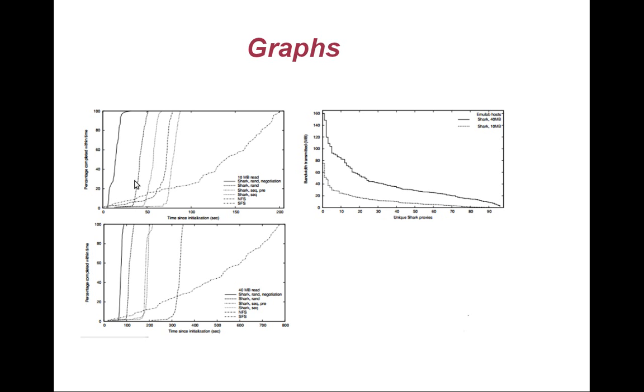But notice that the random without negotiation works as well, and it's also the same case with Shark sequential. And notice that it's the case with the 40 megabyte file as well. Just to be clear, this is a 10 megabyte read and this is a 40 megabyte read. So you also have Shark random with negotiation beating everybody. Well, SFS is pretty linear, and notice that it's very slow.